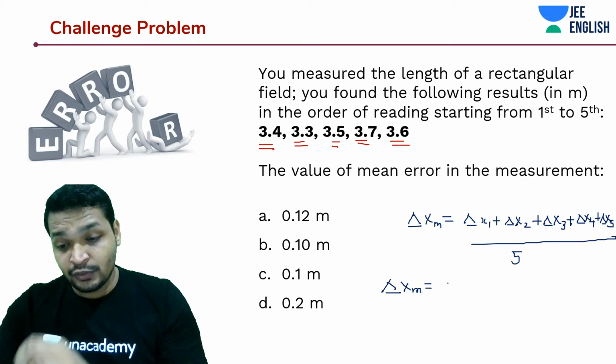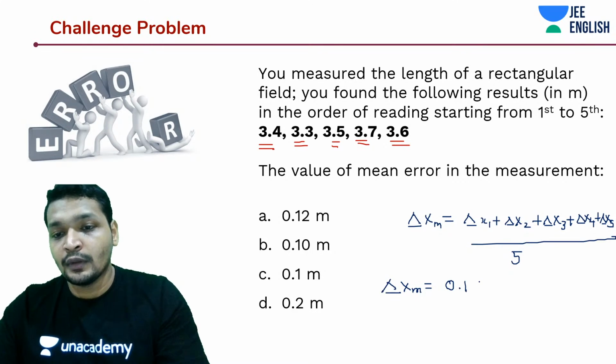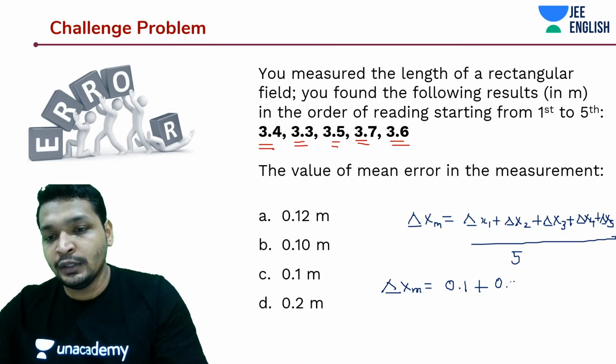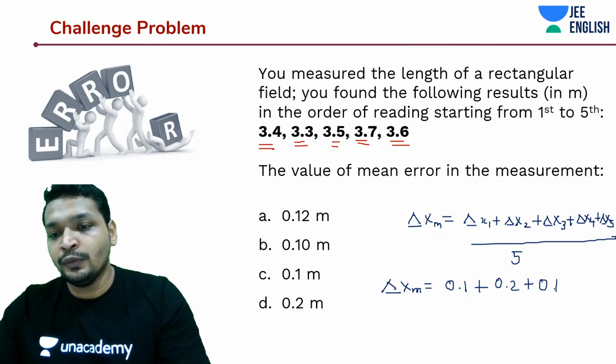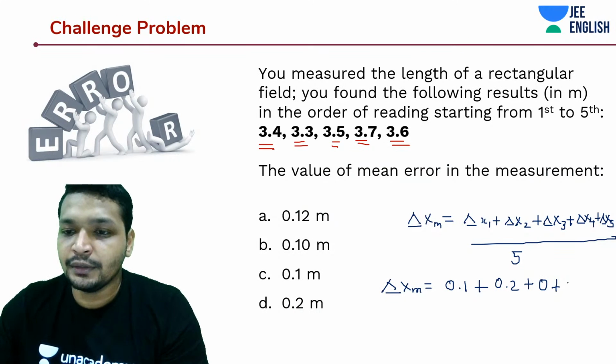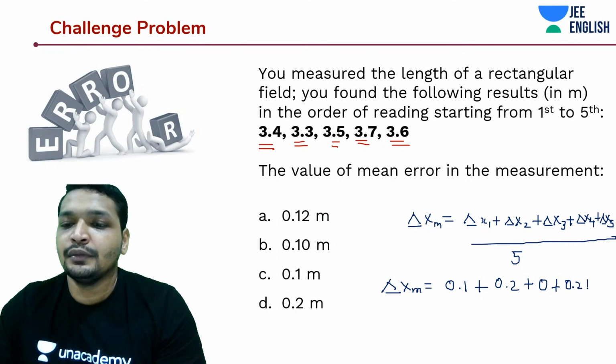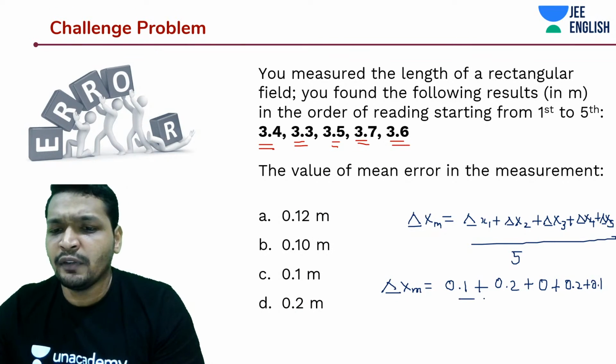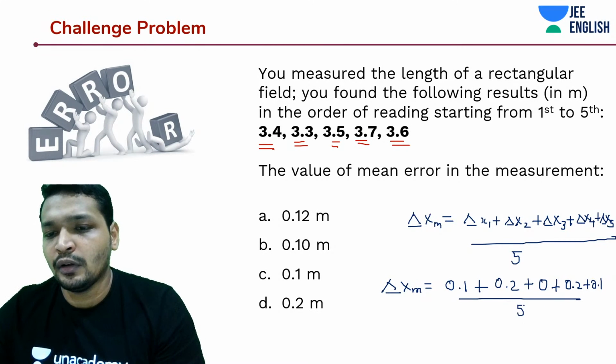Yes, the error in the first one was 0.1, 0.2 was the second one, and then it was 0, and then it was 0.2 and 0.1, divided by 5. How much is this?